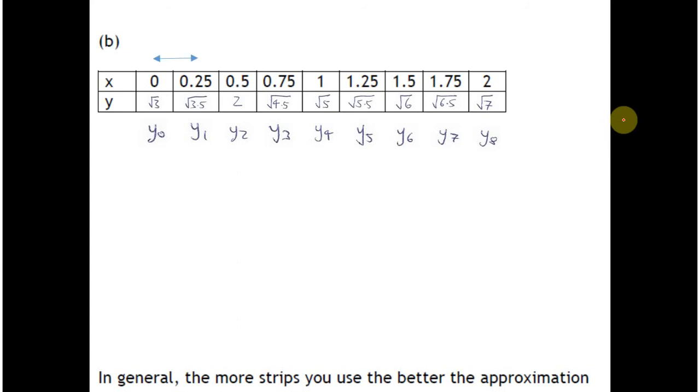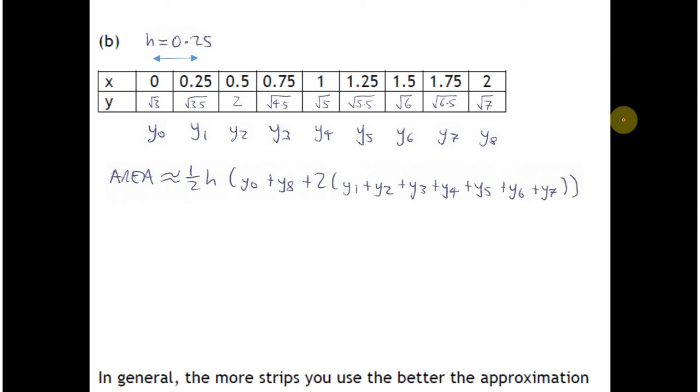Distance between the x-coordinates is the h, so the h is 0.25. So the formula we need in this case is a half of h times first plus last, y0 plus y8, plus 2 times all the rest added together, y1 plus y2 plus y3 plus y4 plus y5 plus y6 plus y7.